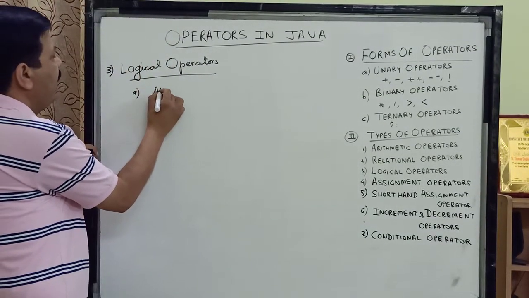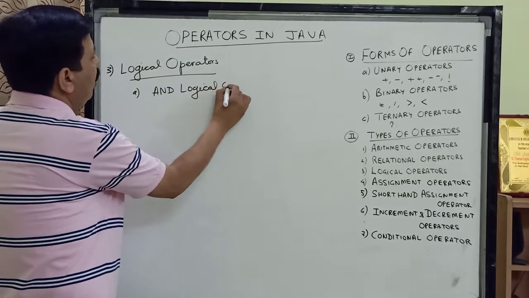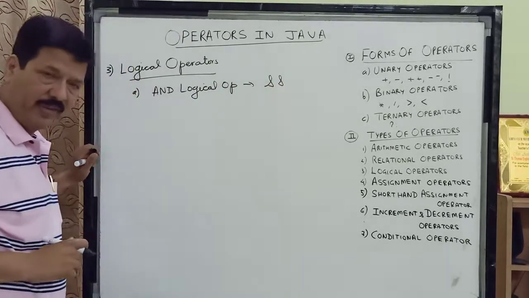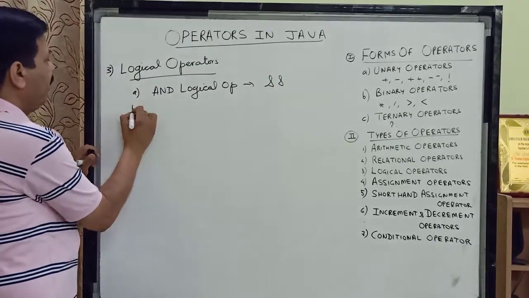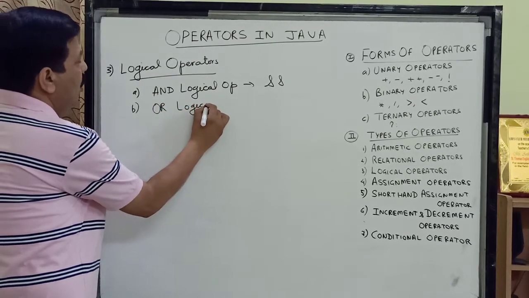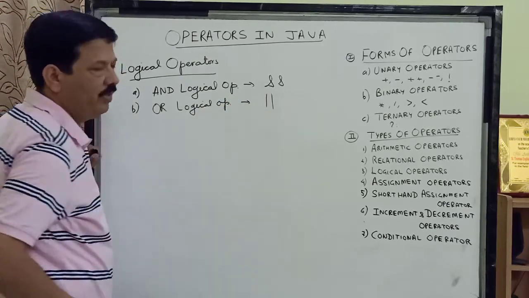First is the AND logical operator, which we represent by this two ampersand sign. And then children, we have the OR logical operator, which we represent by two pipe symbols.